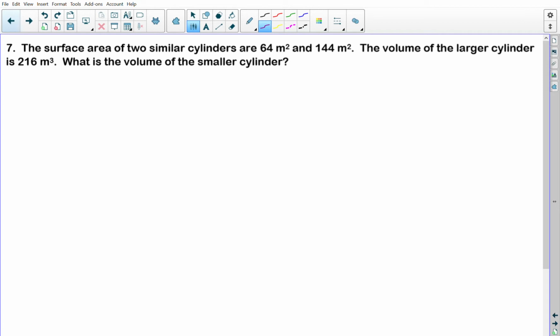Okay, now they're telling me that I have a surface area. Surface area is a second degree measurement. So I'm starting with 64 over 144. Okay, and I can actually reduce that quite a bit.